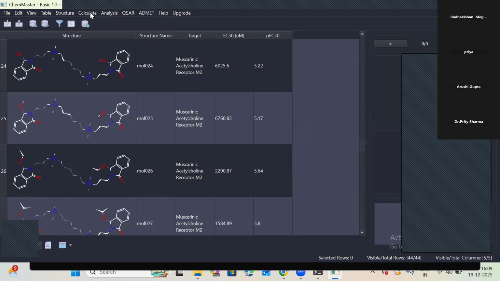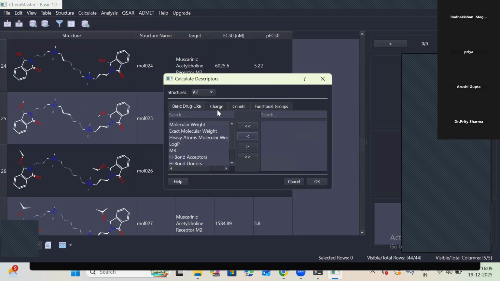For that we want to click calculate and click molecular descriptors. Here the molecular descriptors are available. What do descriptors mean? Descriptors numerically represent the chemical structures and capture information such as hydrophobicity, molecular size, polarity, and topology. Here ChemMaster automatically calculates a wide range of 2D molecular descriptors.